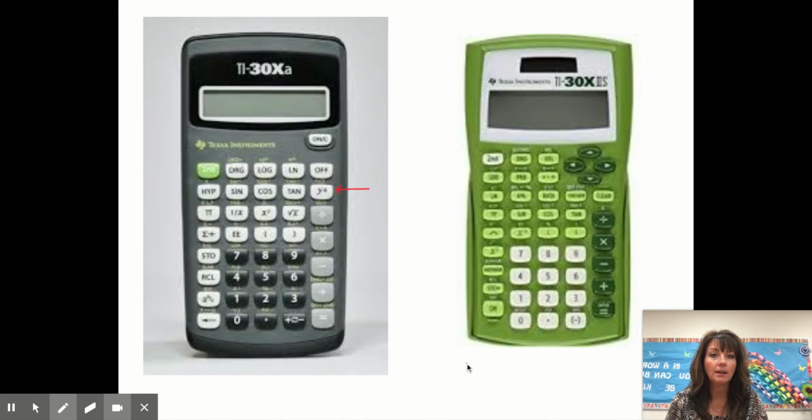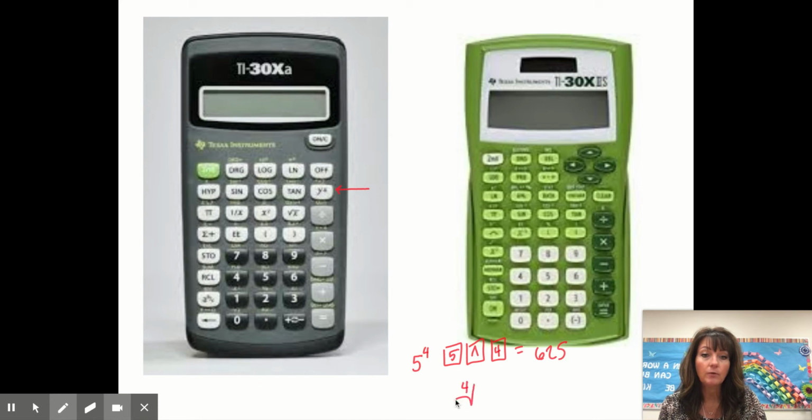Say you want 5 to the 4th power. You would put in the button 5, then the caret, then the 4, and then that'll evaluate it. 5 to the 4th power, that's like using the y to the x, and that's 625.